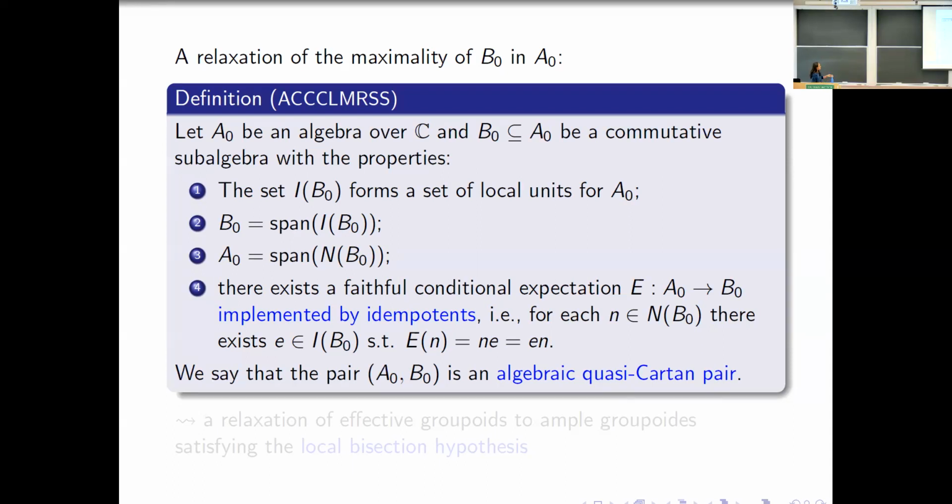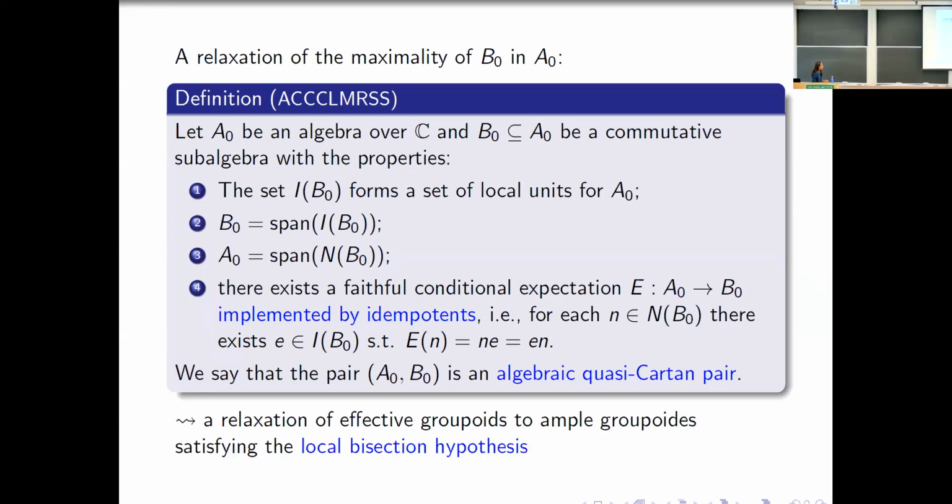We call such a pair A0 and B0 an algebraic quasi-Cartan pair. I didn't write it down here, but once we have an algebraic Cartan pair, it definitely satisfies the algebraic quasi-Cartan pair conditions. This quasi-Cartan pair is a weaker version of the original Cartan pair.